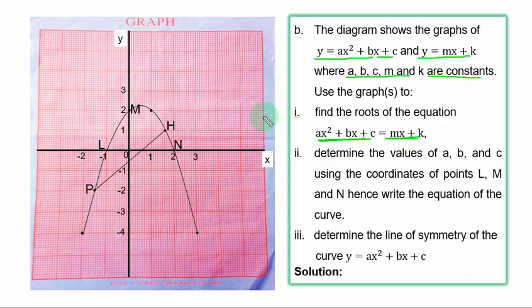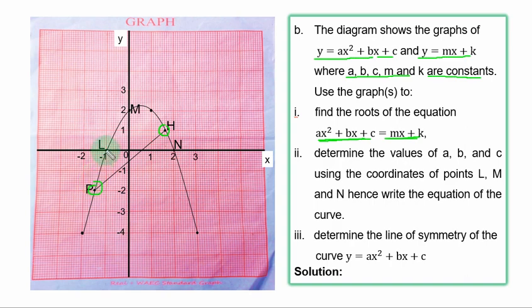Let us get that right away. So this is one point of intersection. This is another point of intersection. The scale on the s-axis, in fact both axes, is 2 centimeters to 1 unit. That implies that one line is equal to 0.1.